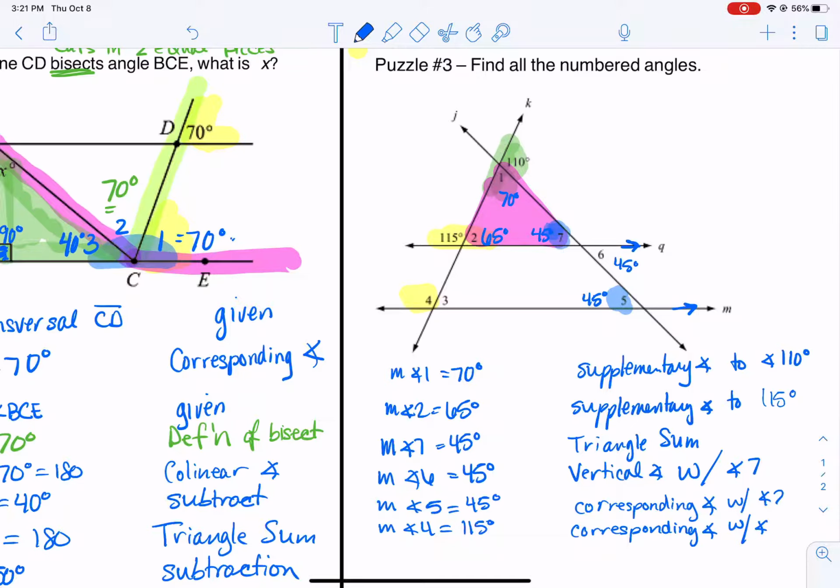And then the last one, the measure of angle 3 is 65 degrees.